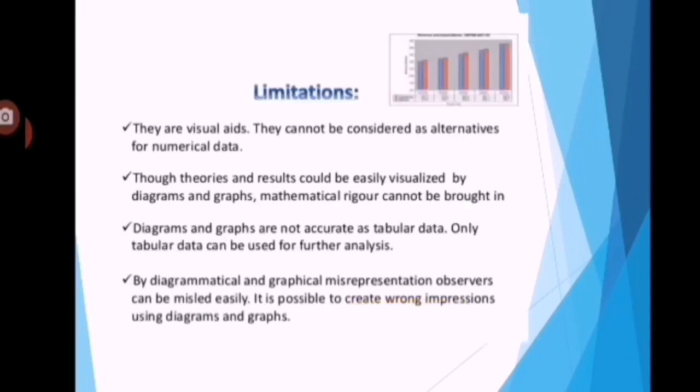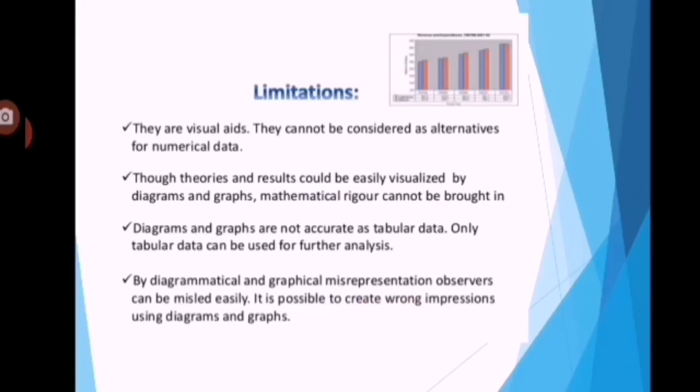Next we come to limitations. There are some limitations also in graphs and tables. They are visual aids. They cannot be considered as alternatives for numerical data, though theories and results could be easily visualized by diagrams and graphs. Mathematical figures cannot be brought in.